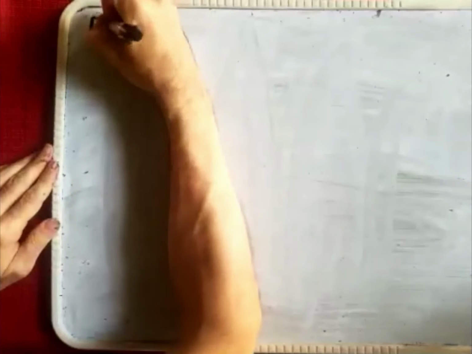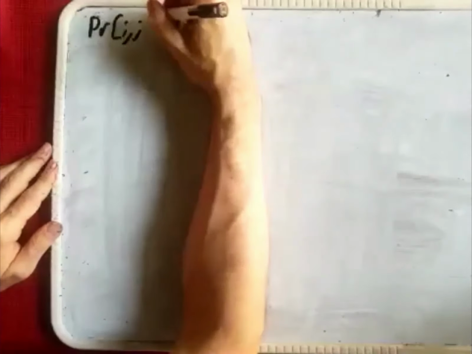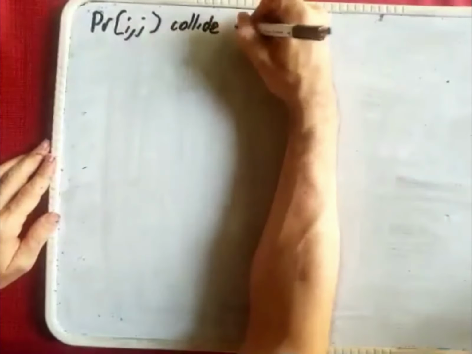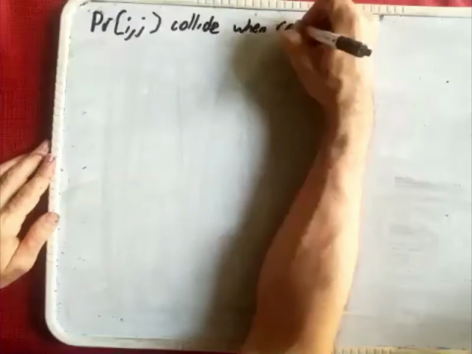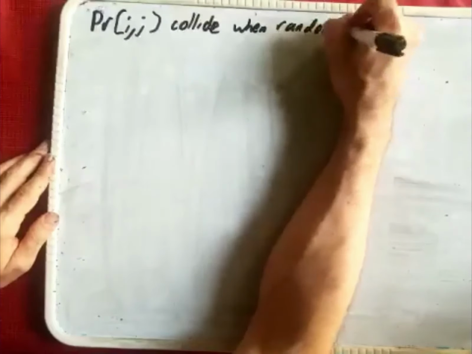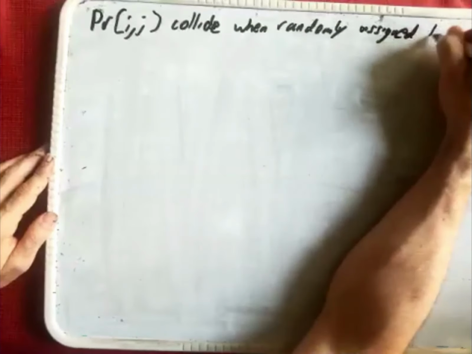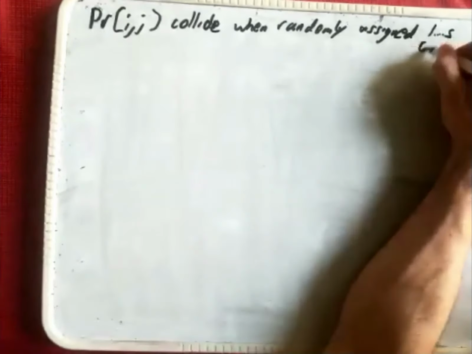All right, so we've now simplified our goal of analyzing this average number of collisions to just computing the probability that I and J collide, when they are randomly assigned values in the range from 1 to S. Or if you want to be a computer scientist, 0 to S minus 1.